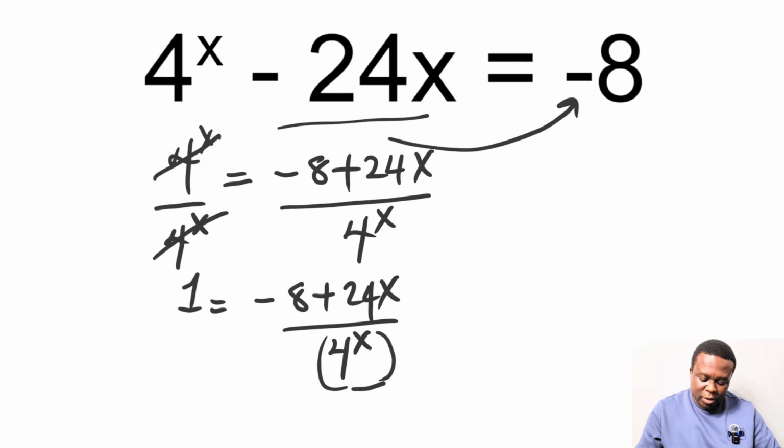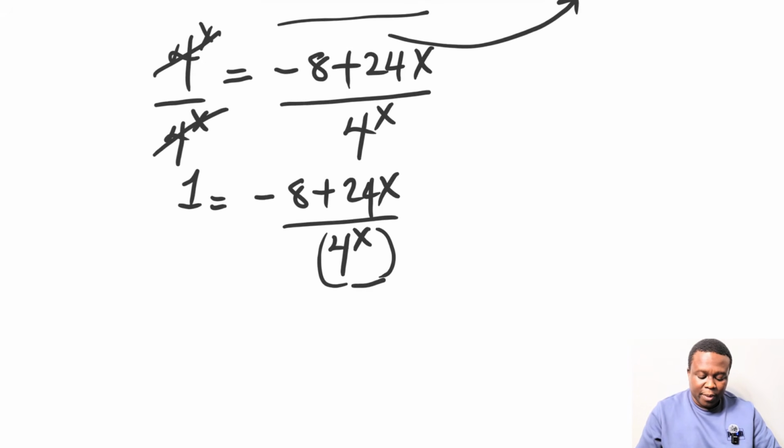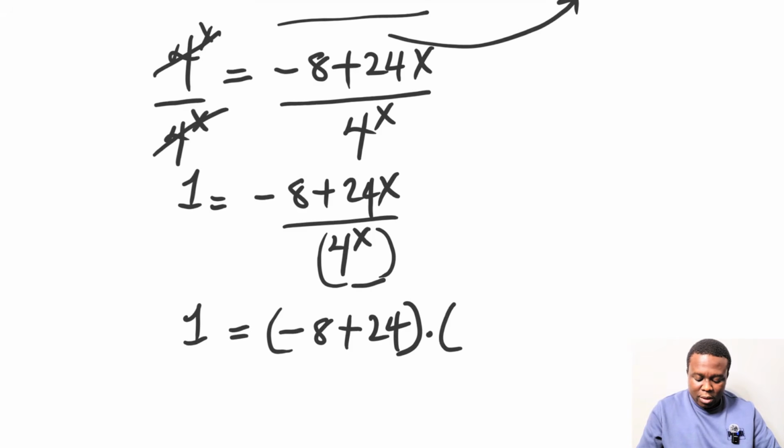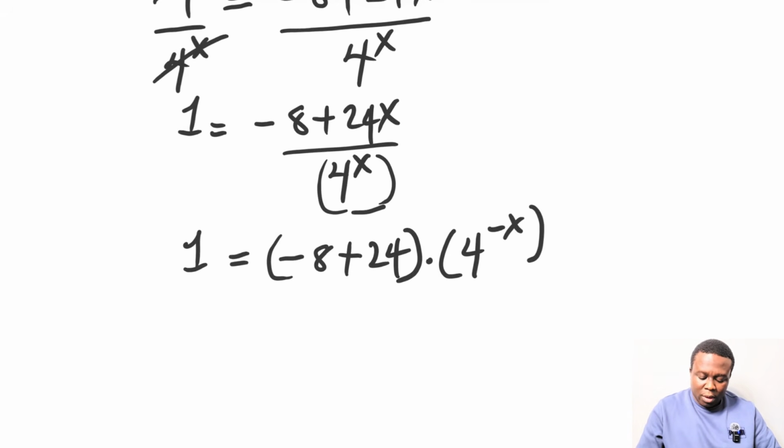Now this 4 to the x we can take to the top, and it becomes 1 equals minus 8 plus 24x times 4 raised to the power minus x. All right, so now let's factor out the x that is in this parenthesis.